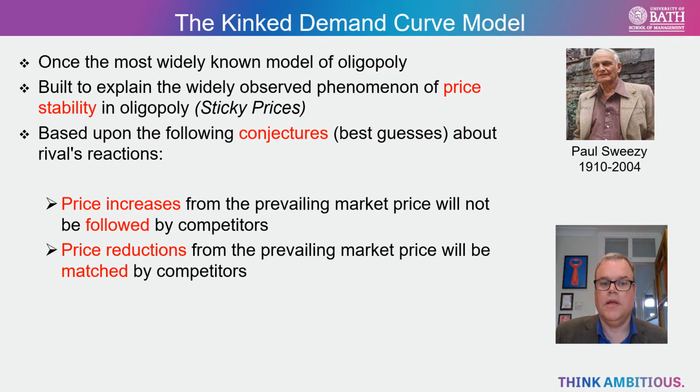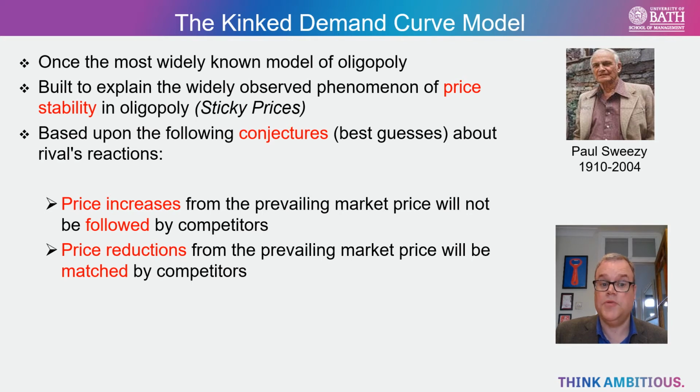Sweezy argued that since markets were largely oligopolistic, firms were conscious of the actions of their rivals and their likely reactions to price changes. In such cases, firms would see that any price increases they make from the prevailing market price would not be followed by competitors. As a result, they would lose customers.